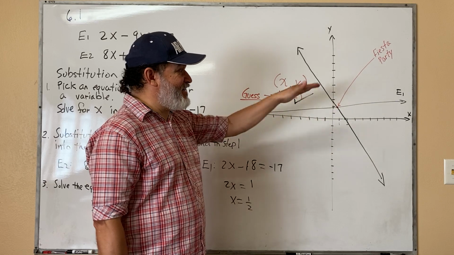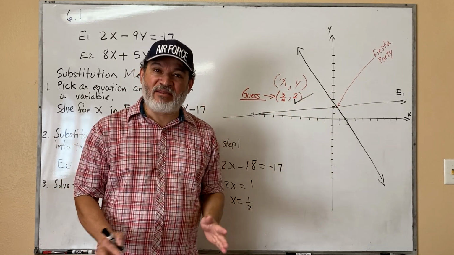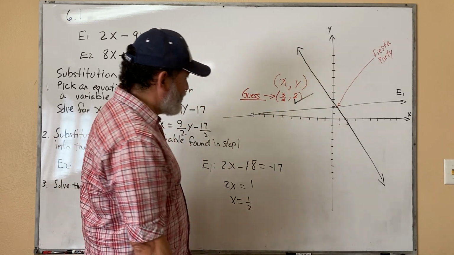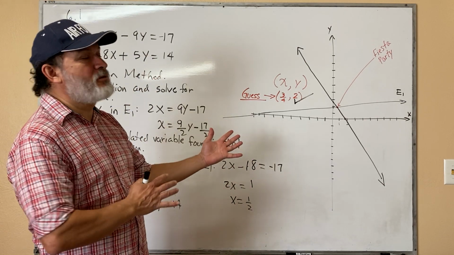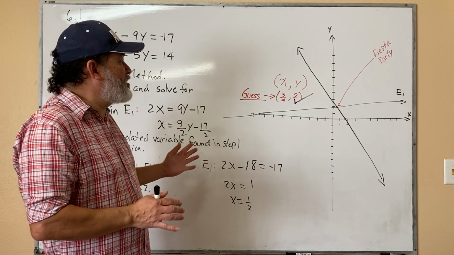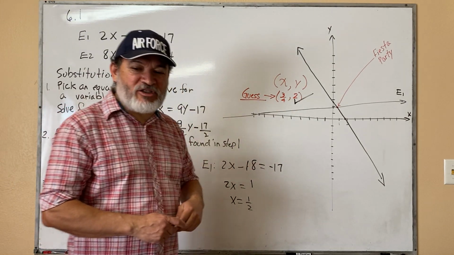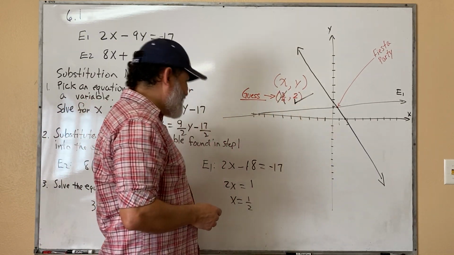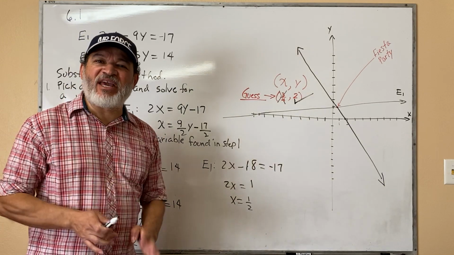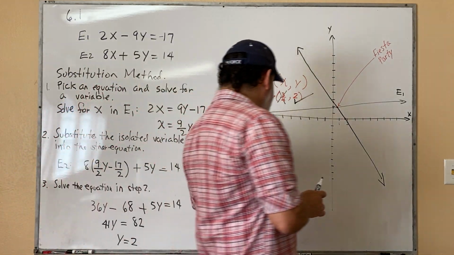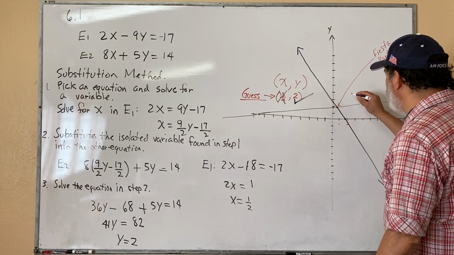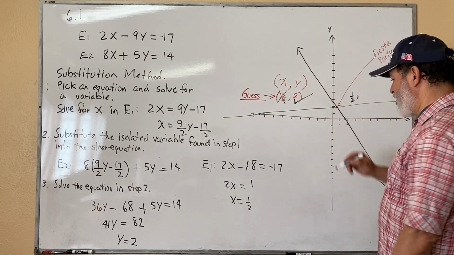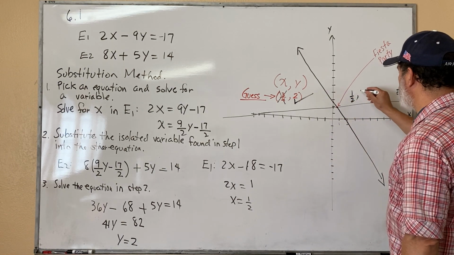So graphing is not the best method. It isn't. Okay? Because you can't really tell. So the address to the party, this is wrong. The address to the fiesta is x equals 1/2, y equals 2.